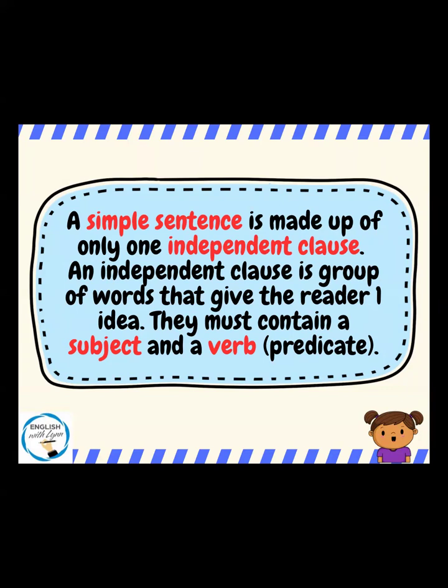Now, simple sentences, main clauses, independent clauses, they must contain a subject and they must contain a verb. And your simple sentence can be split into two bits. You've got the part related to the subject and the part that we call the predicate, which is linked to the verb, okay? But because the word predicate might be new to some of you, we will stick with the word verb, okay?